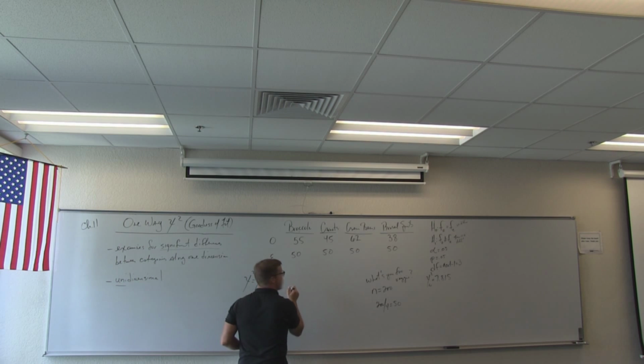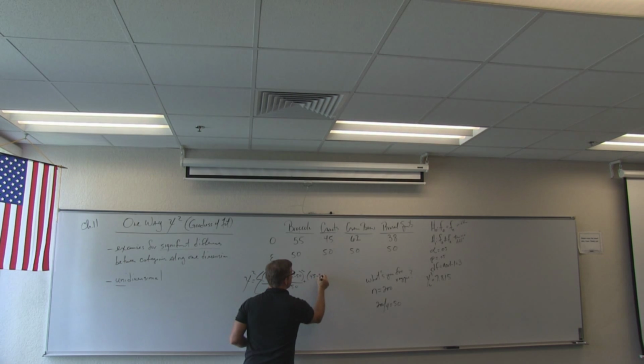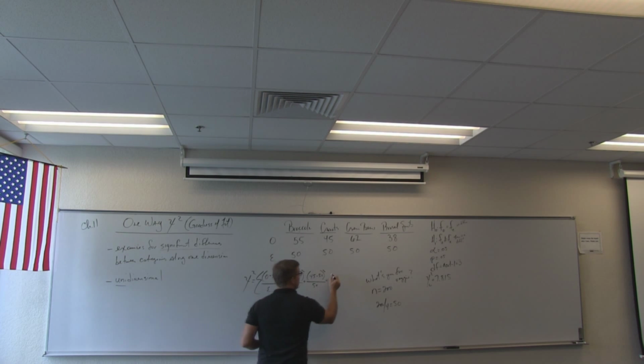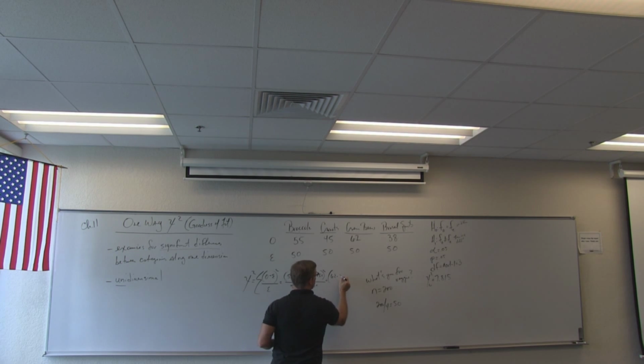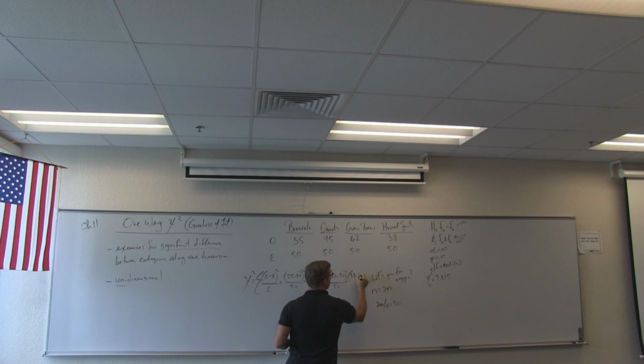Broccoli, 55 minus 50 squared over 50, plus carrots, 45 minus 50 squared over 50, plus green beans, 62 minus 50 squared over 50, plus Brussels sprouts, 38 minus 50 squared over 50.